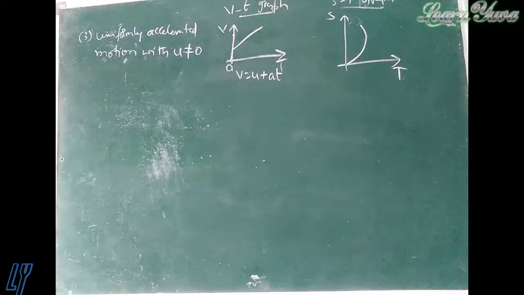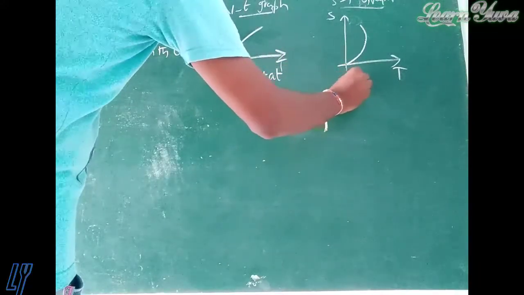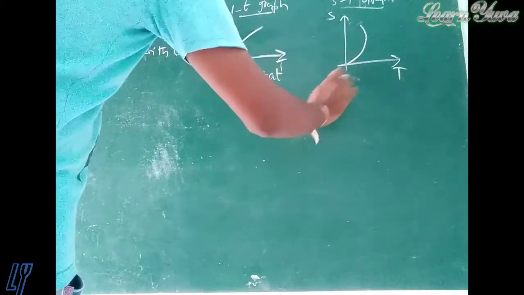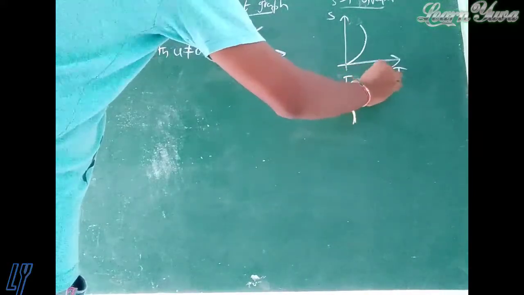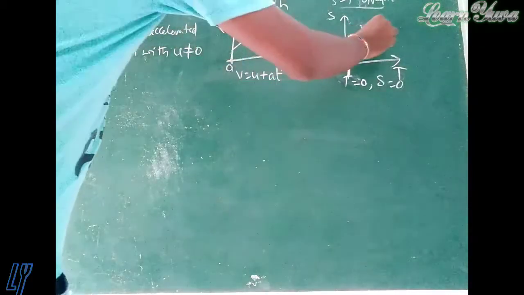So that means at the time of 0, the displacement of the body is 0. Here the slope is gradually increasing.